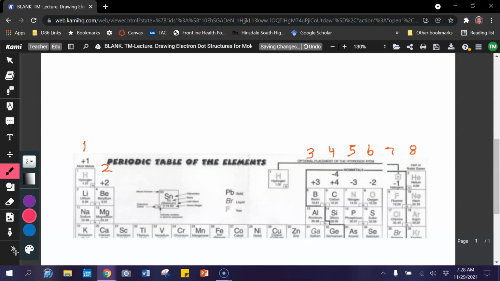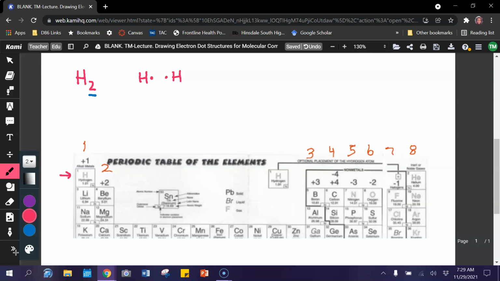form compounds. All right, so let's take a look at how to draw the electron dot structure for a molecule of H2. So hydrogen, first of all, on the periodic table is in column 1, so it has 1 valence electron. But since our formula says that we have 2 hydrogens, we need to draw another one.